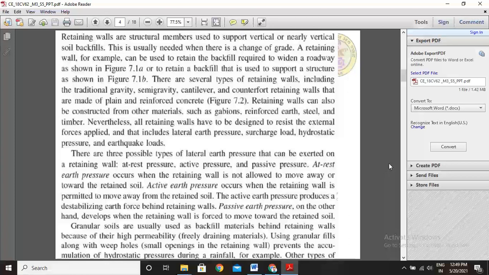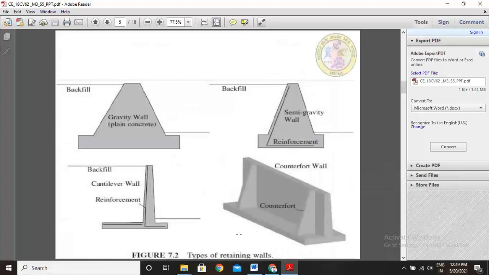These are the different types of retaining walls. See, this is a gravity wall, a plain concrete type retaining wall. Okay, this side is backfill, and this is a reinforced concrete cantilever wall.